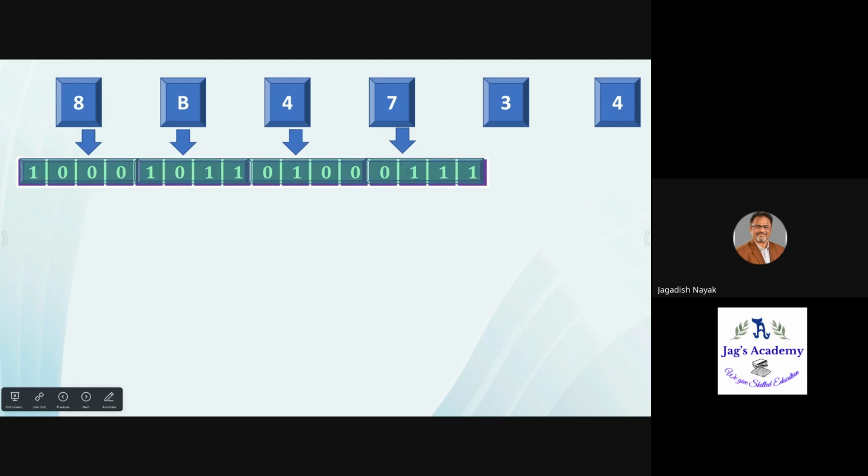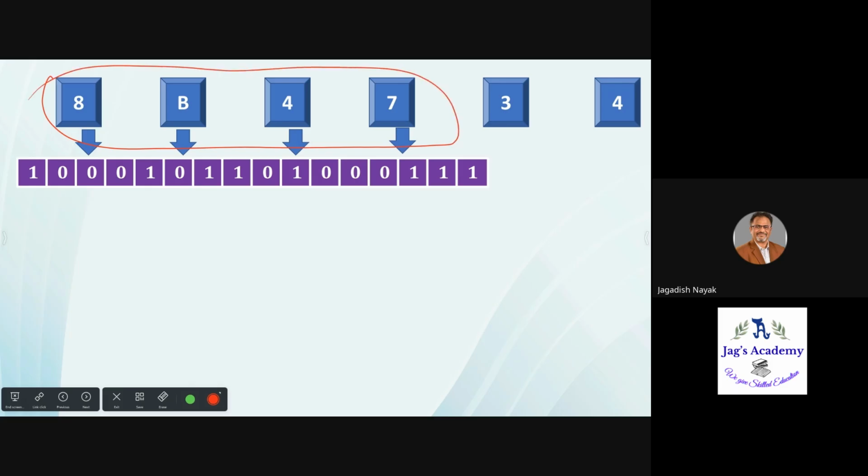If you see this, you have more than 16 bits here, but if you take the first 16, this is going to be your instruction format, right? So first, expand that.